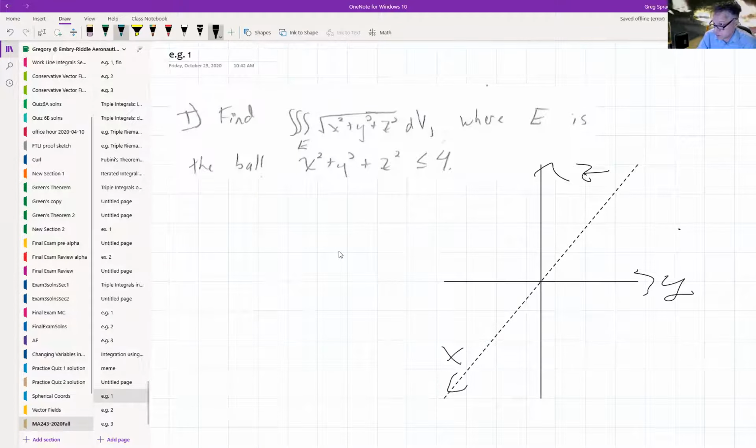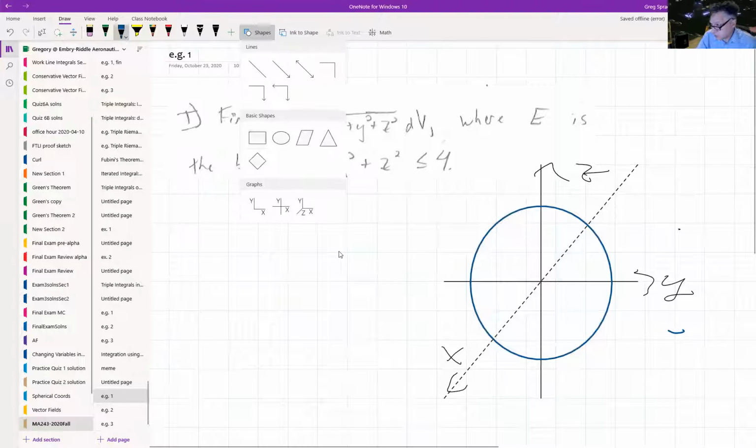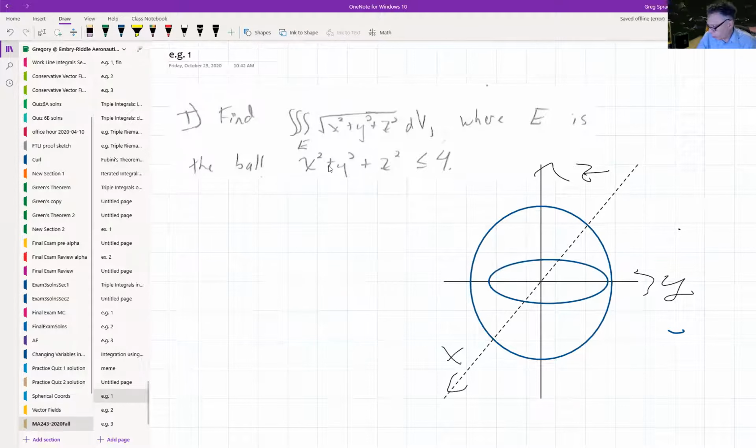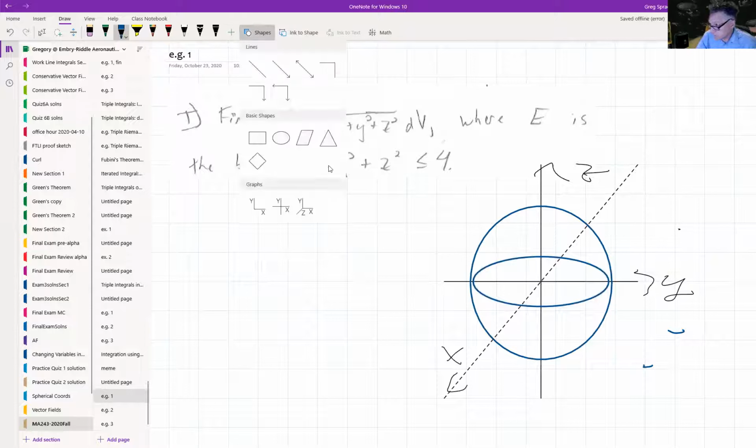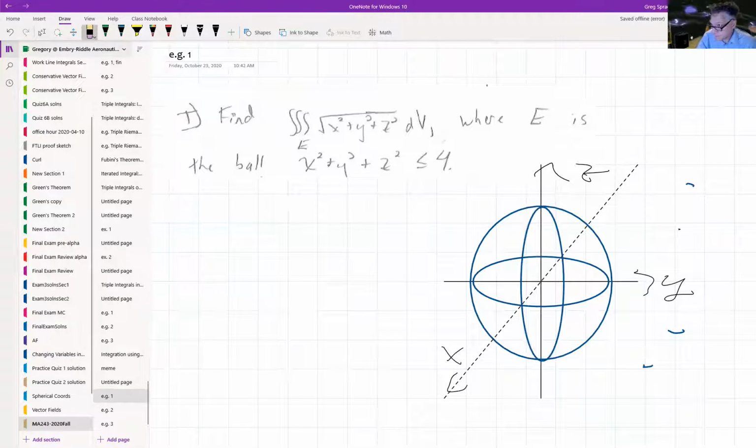A sphere is a hollow surface. Okay, so I'll erase the hidden halves of those circles. Radius is 2.